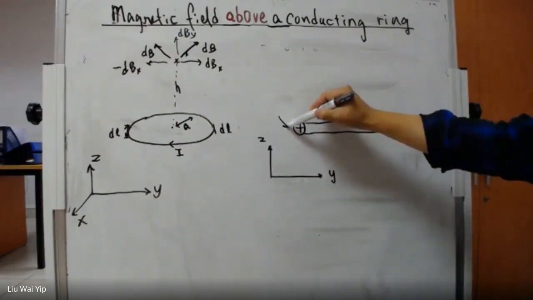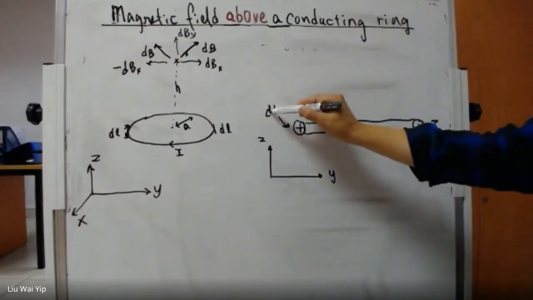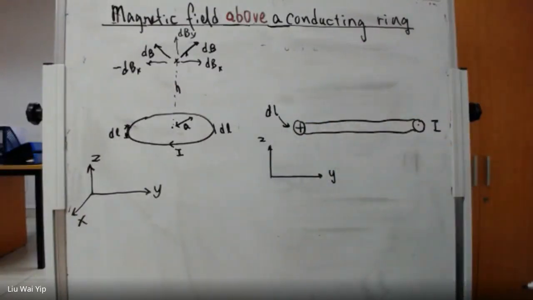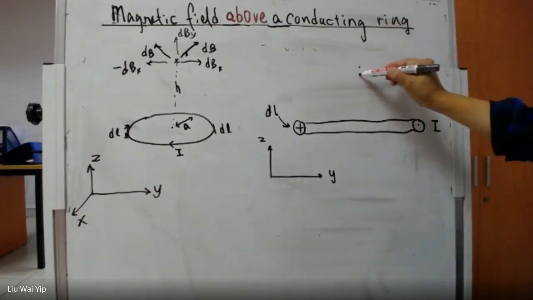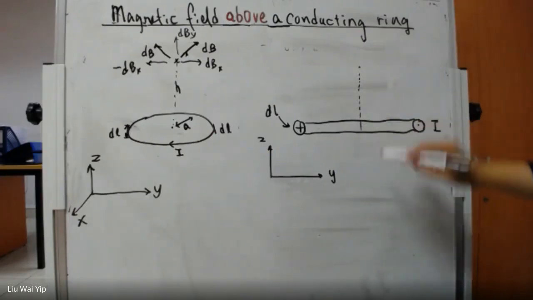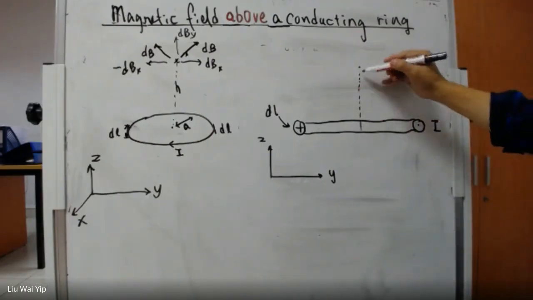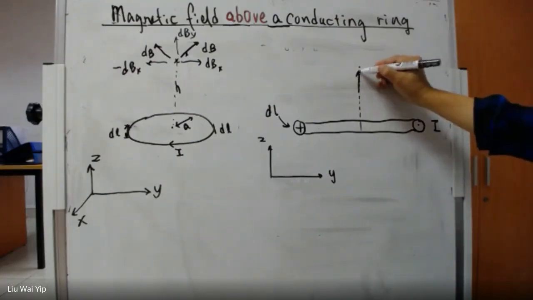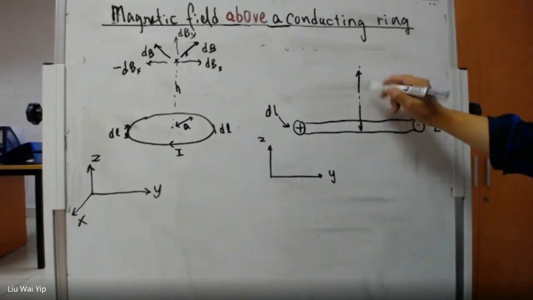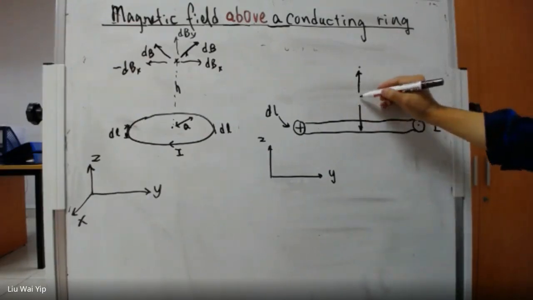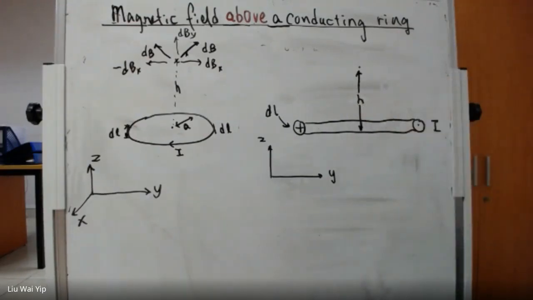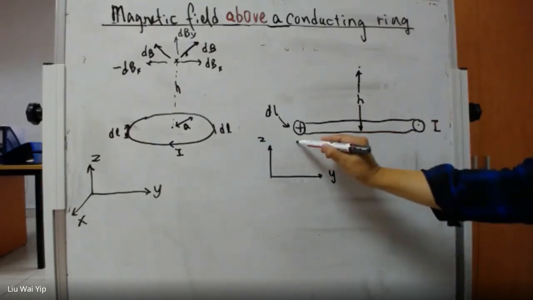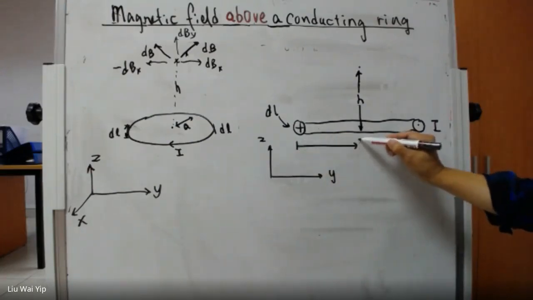We put delta L here just to remind us what we are considering. The height here will be H, and the length from here to here will be A.